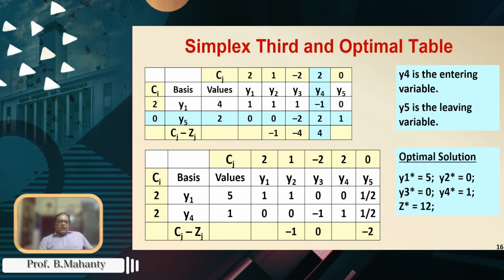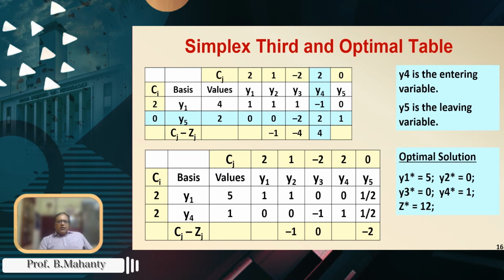First of all, the key column becomes 0 1 because y4 and y1 should form the unity matrix. This 4 would be 4 minus 2 into minus 1 by 2. So it should be 5. Similarly, all the other coefficients are calculated, and the Cj values are changed.